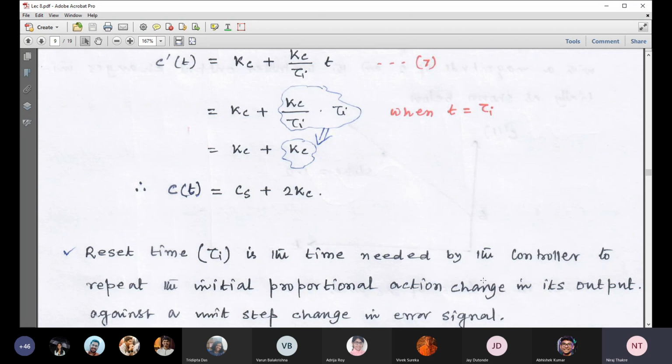Reset time is the time needed by the controller to repeat the initial proportional action change. Initial means that provided by the proportional action in its output. But this is true against a unit step change in error signal.